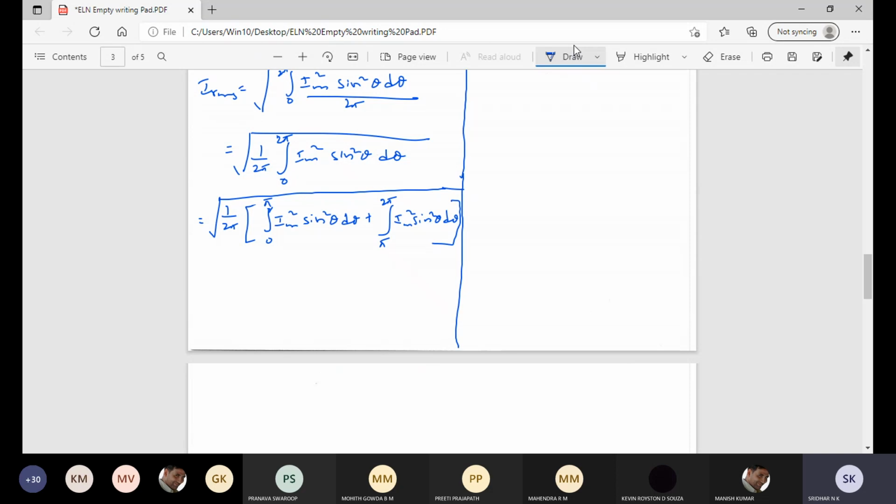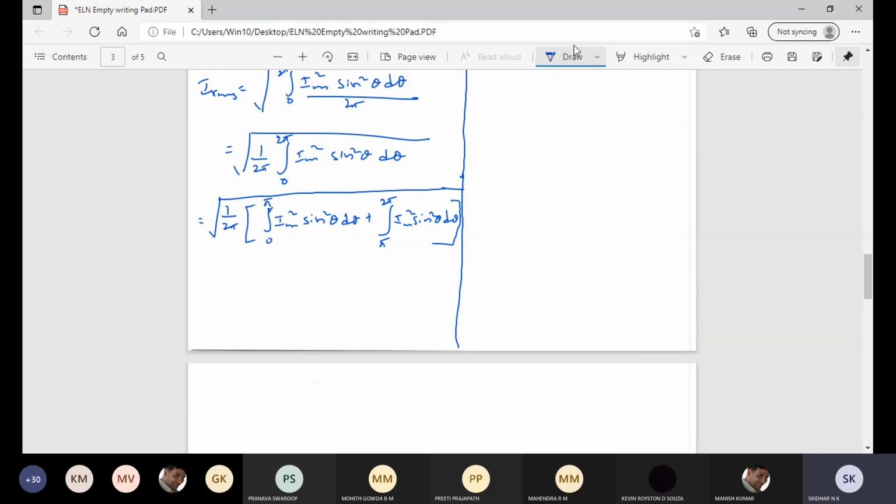The 0 to pi and pi to 2 pi together become the 0 to 2 pi limits. The limits are just separated because we have two parts, right?